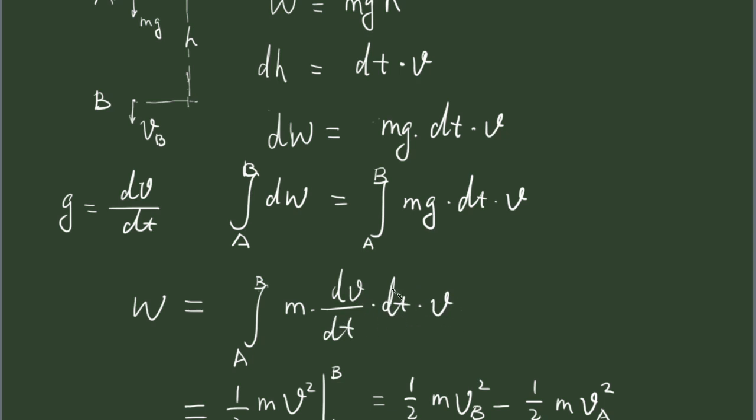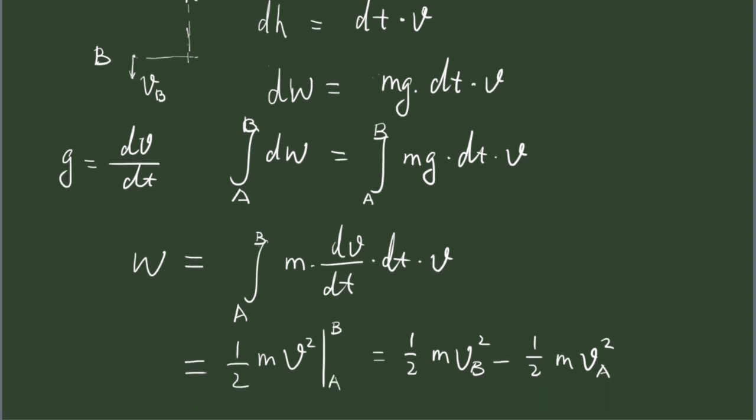And the total work is mgh, and dt cancelled, so this is m dv v, and that is 1/2 mv squared from A to B, and that is 1/2 mvb squared minus 1/2 mva squared.